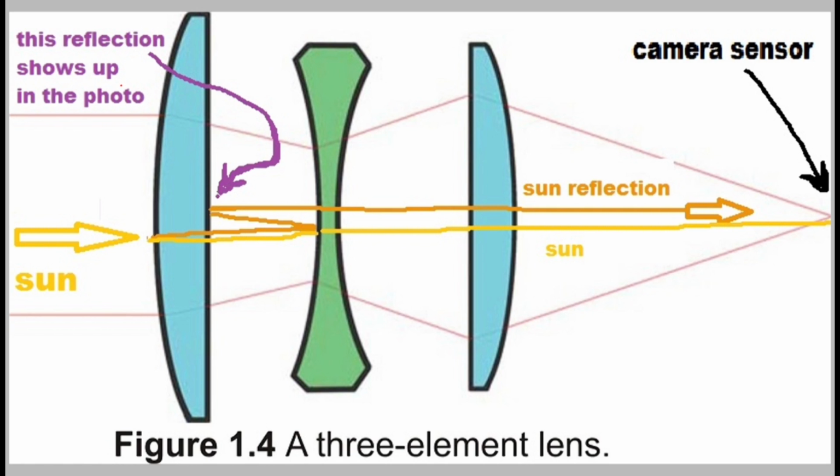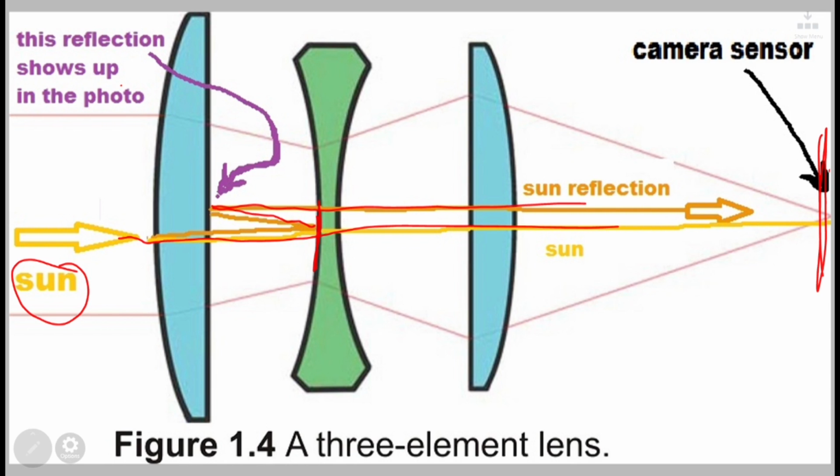Here we have a bright object. They've called that the sun in this one. As you can see here, the sun image goes straight through and goes onto the camera sensor here. But off this surface here, there's shown an additional reflection which shows a path there.